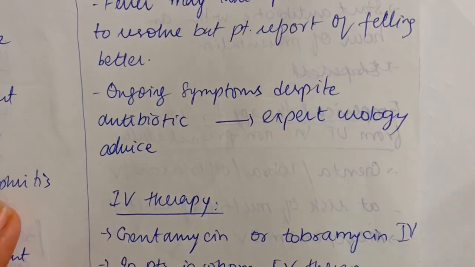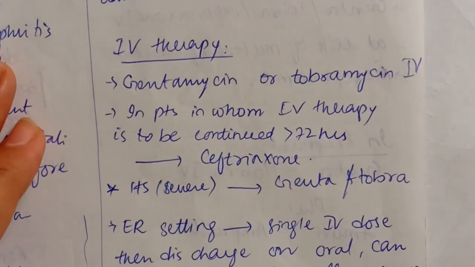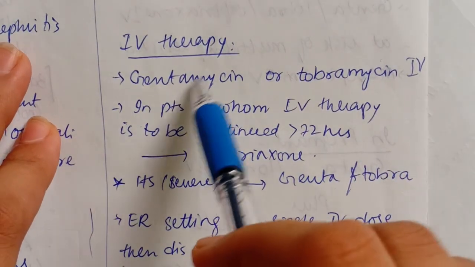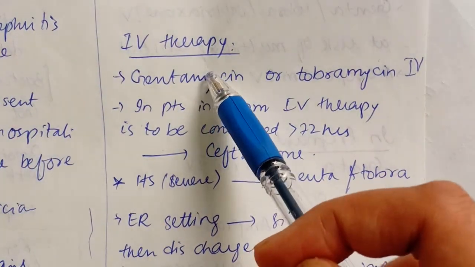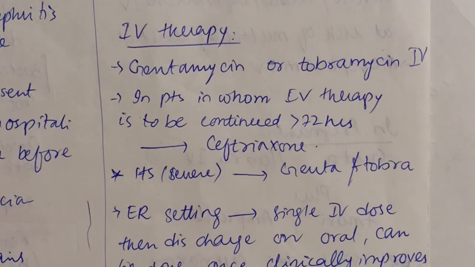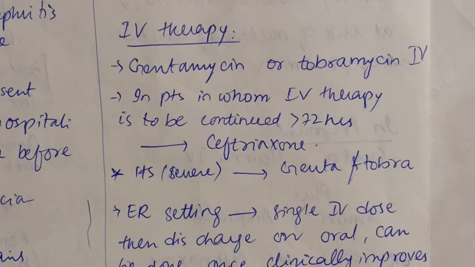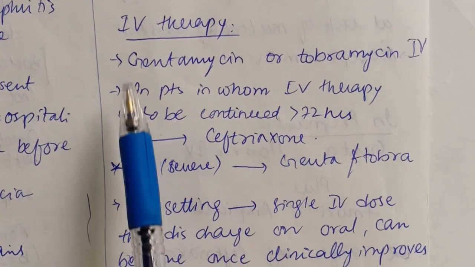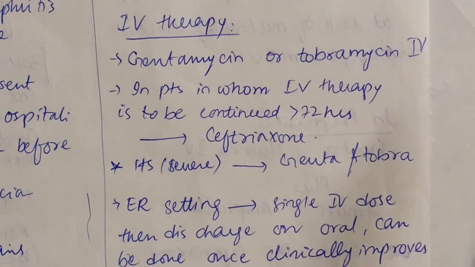Now, if the patient has severe symptoms and he cannot tolerate orals, then we are going to administer the IV therapy, because most of the time acute pyelonephritis patients have nausea and vomiting and they are not tolerating the oral drugs. So we have to give the IV therapy. And in IV therapy, we can give gentamicin or tobramycin IV.